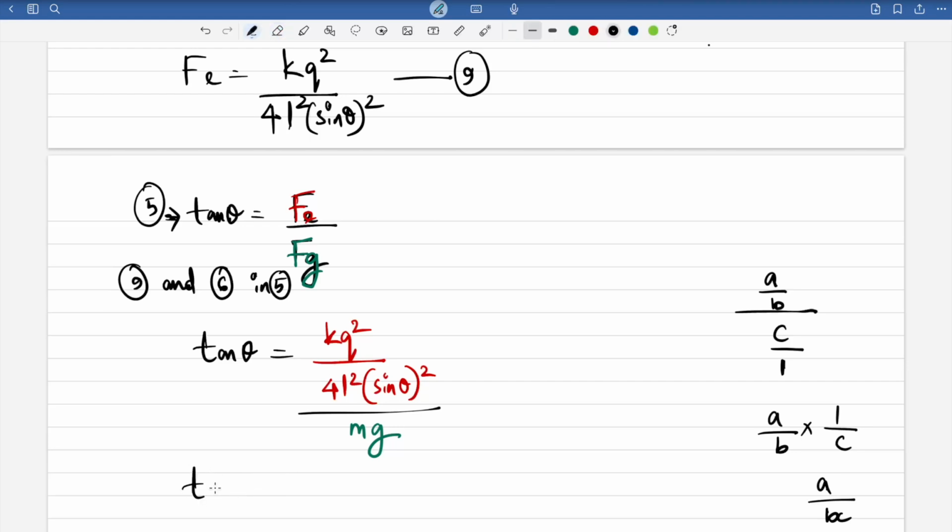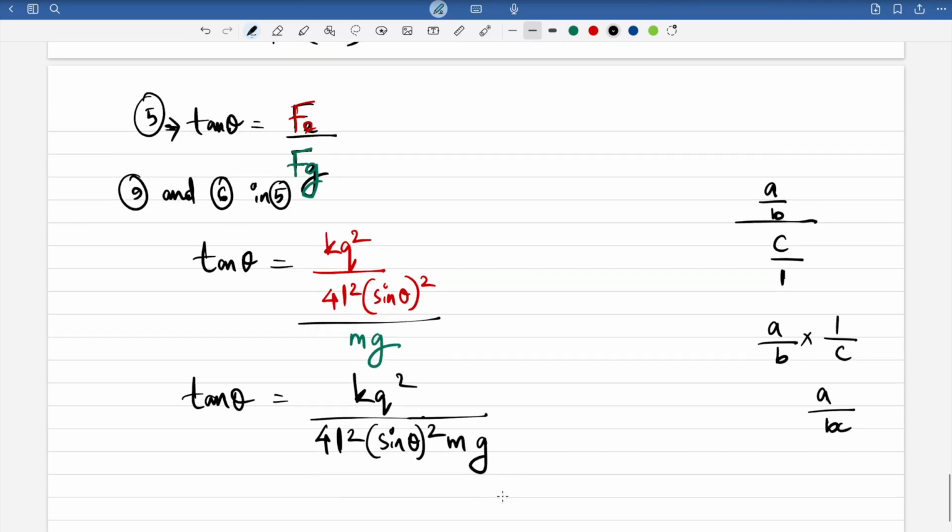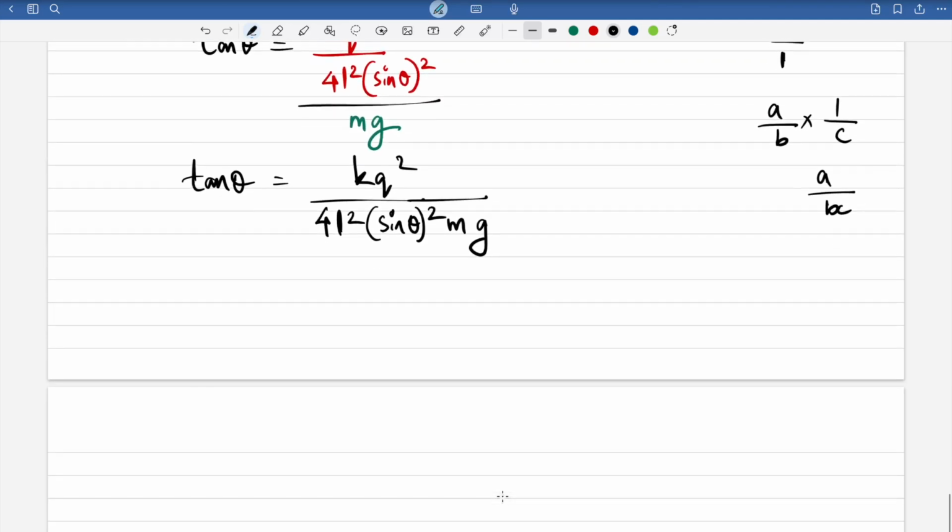So tan theta equals kq square over 4L square sine square theta, times mg will be added to the denominator, so mg. But we don't need to find tan theta, we need to find m.